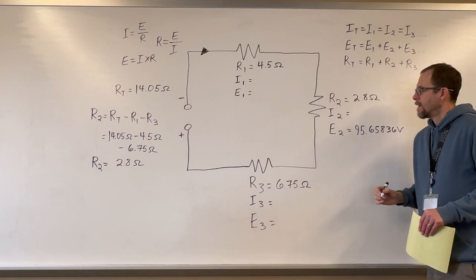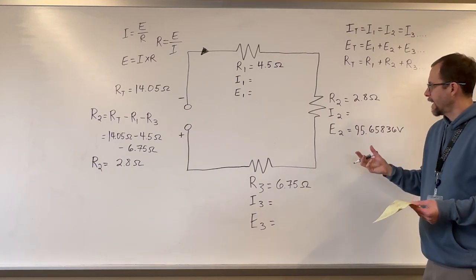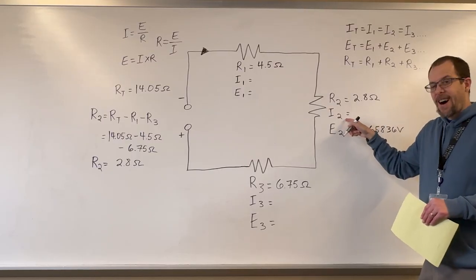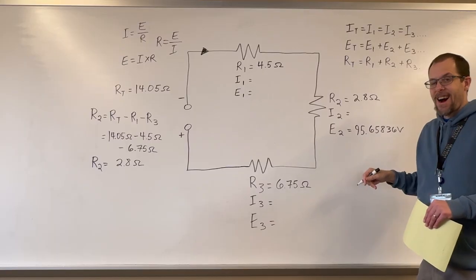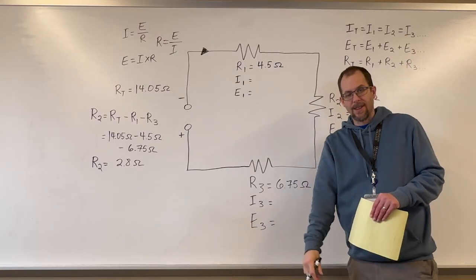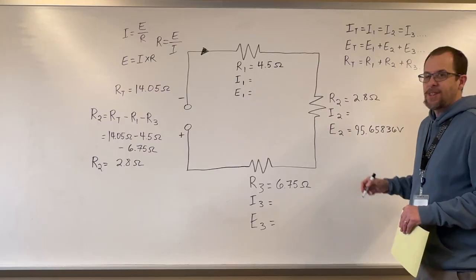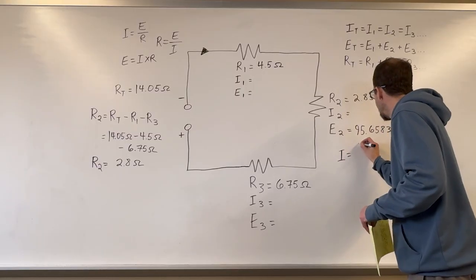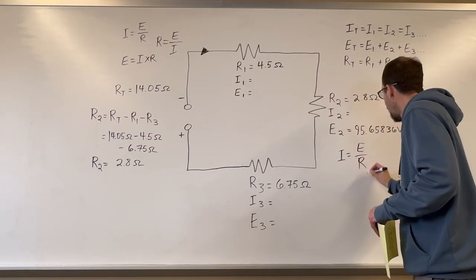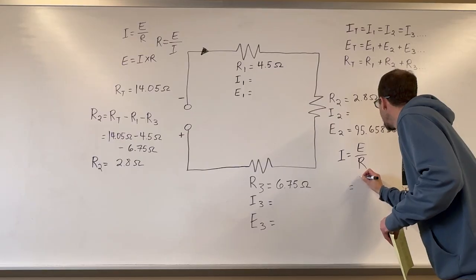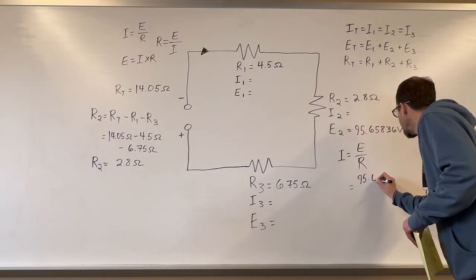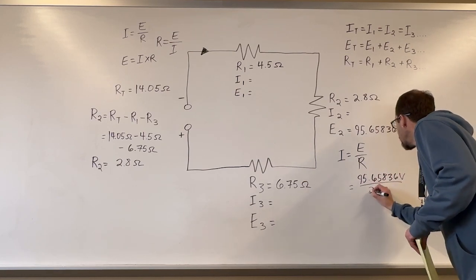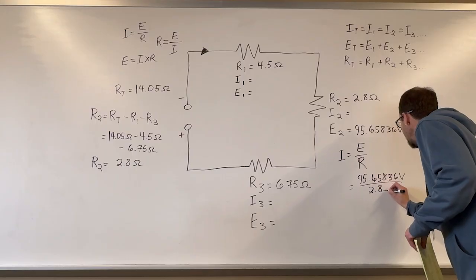Perfect. Now, there's nothing else we can solve right now except in resistor 2. And if we find I2, don't we find the current for the rest of the circuit? Let's do that right now. Let's use Ohm's law. I equals E over R, and in this case, we have 95.65836 volts over 2.8 ohms.